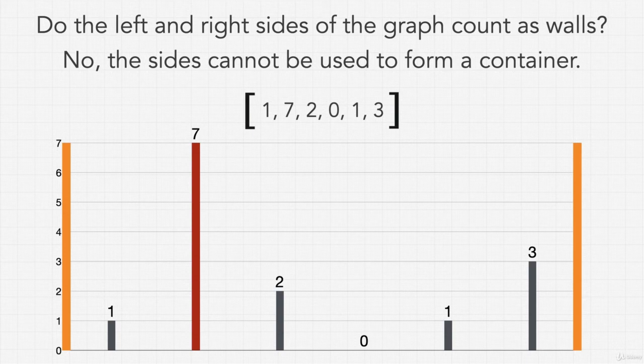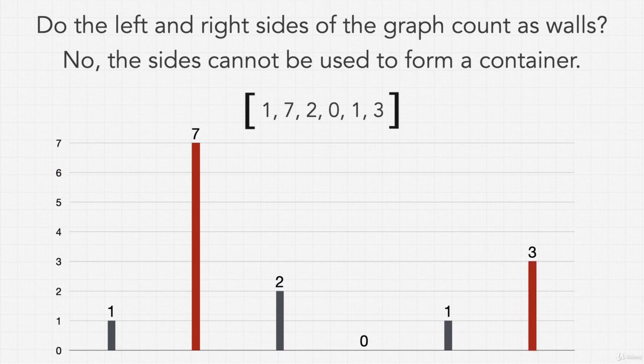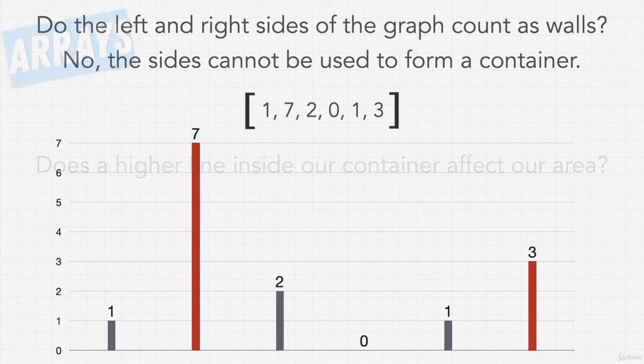We have to use a value inside of the array in order to form the other wall. In this case, the biggest container would be formed from the 7 and the 3. So now we know that we must form a container using two values in this array.